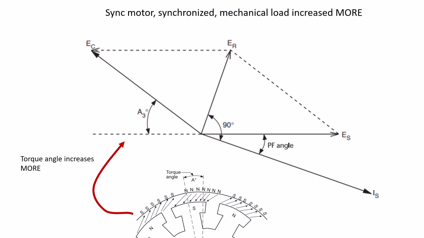Finally, if we increase it to the extreme, the torque angle gets substantial. Since it is so large, when we add vectorially E of the coil and E of the stator together, we have a resultant value that is much higher. The resultant voltage divided by the impedance of the stator coil will result in a large stator current due to Ohm's law.